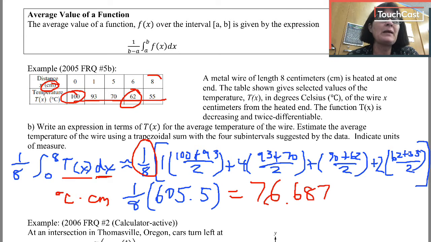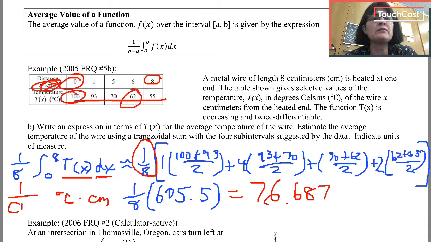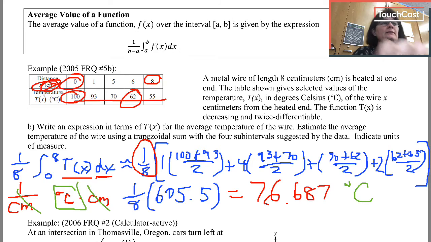The 8 came from 8 minus 0. Those each have units of centimeters because they're x values. So this is 1 over centimeters times degrees Celsius times centimeters. Notice that these are going to cancel to give our answer in degrees Celsius. Final answer.